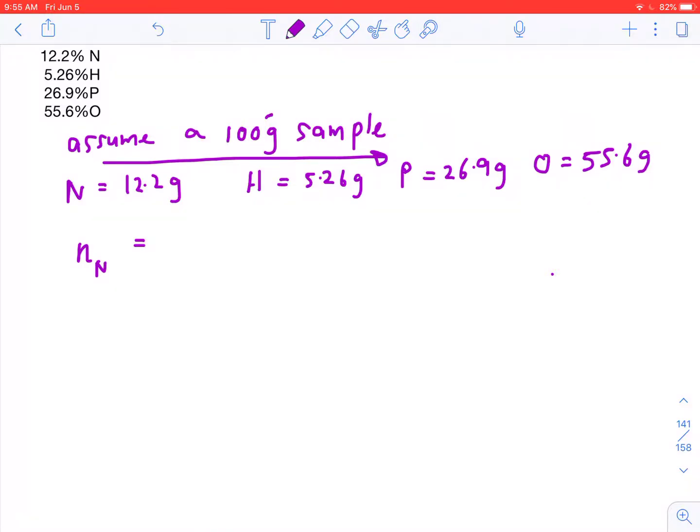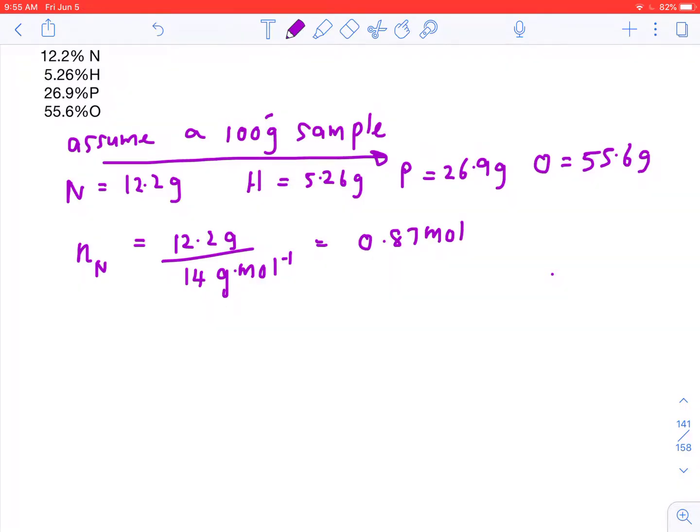N of nitrogen is equal to 12.2 grams, all upon nitrogen's molar mass, 14 grams per mole, and that gives us 0.87 moles.